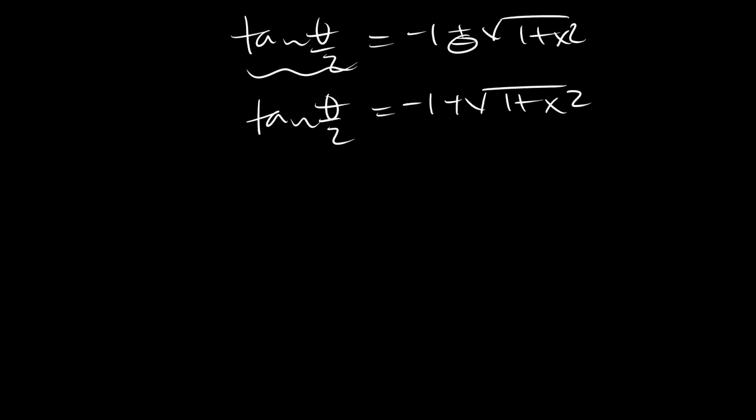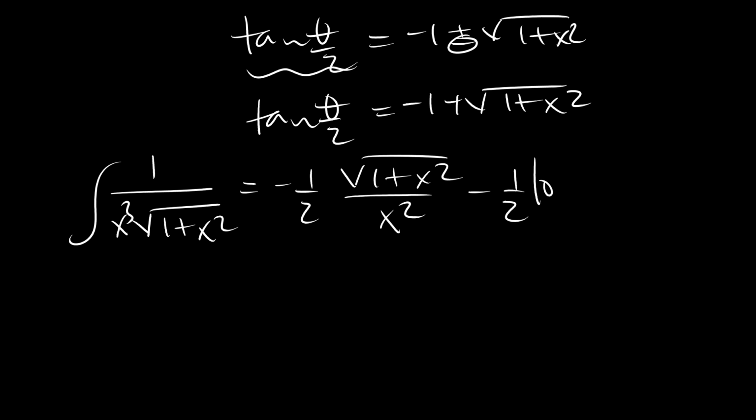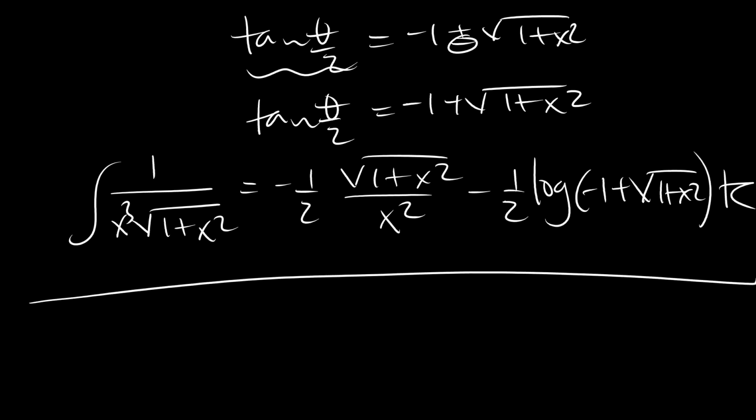And so our problem was 1 over x cubed square root of 1 plus x squared. This was equal to negative a half square root of 1 plus x squared over x squared minus a half log of negative 1 plus square root of 1 plus x squared plus c. And that is our answer.